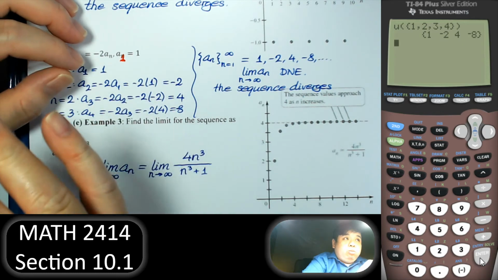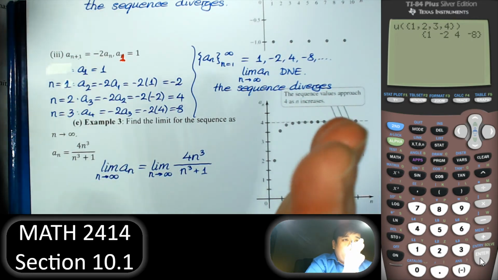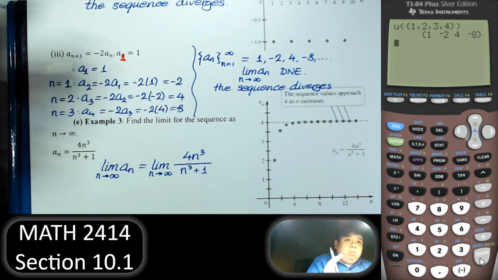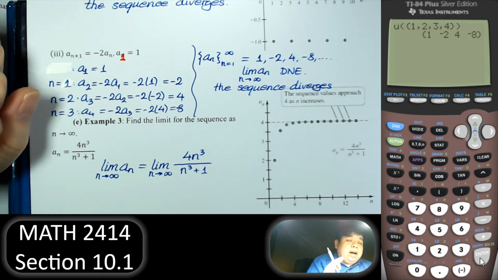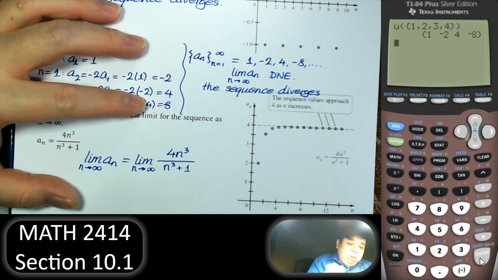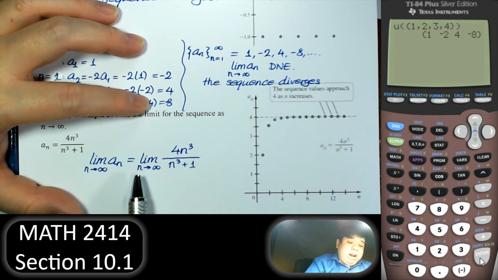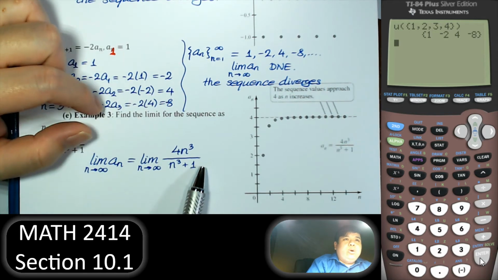So what we focus on here, and later on this will be extremely helpful, is that when we have a bunch of terms, just take the term with the highest power. In this case, because n is significantly bigger than 1 when n goes to infinity, infinity plus 1 is not really doing much, right?